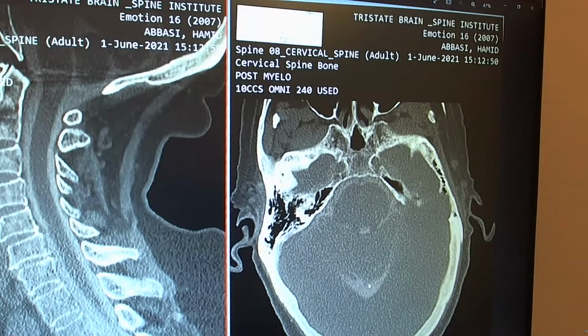So now I'm pointing to this area, the dark area here. Neil, you want to tell me what you see here in this area? What are these called here?